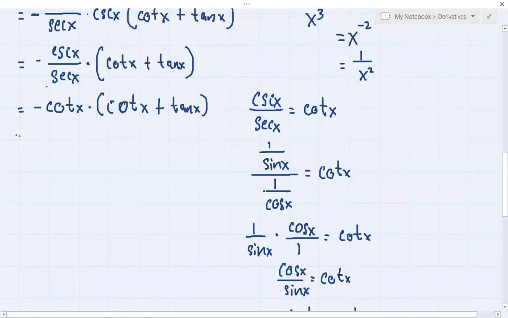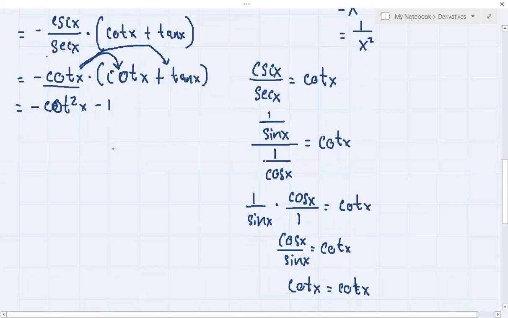Now, what we're going to do is split natin si cotangent x dito sa nakaparenthesis. So let's start first with this one. We will have negative cotangent squared of x. Ayan. Next, negative cotangent x times tangent x, magiging negative 1 to.